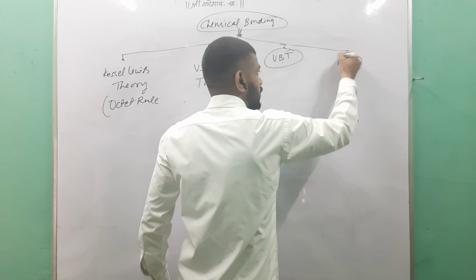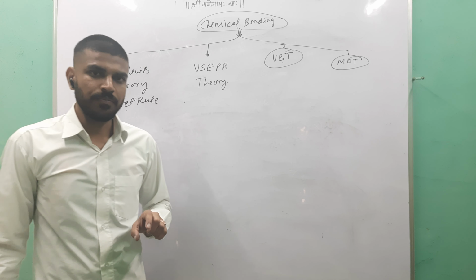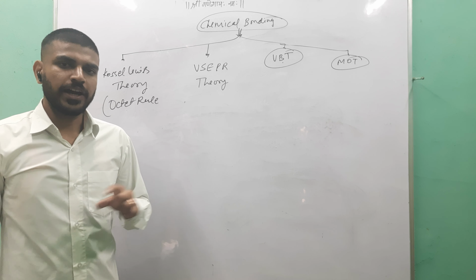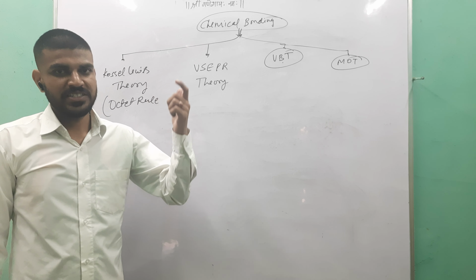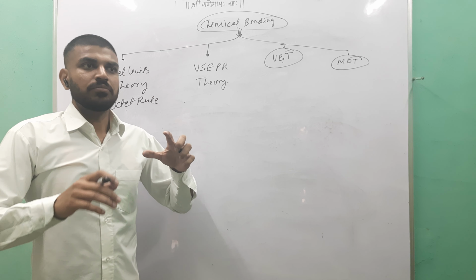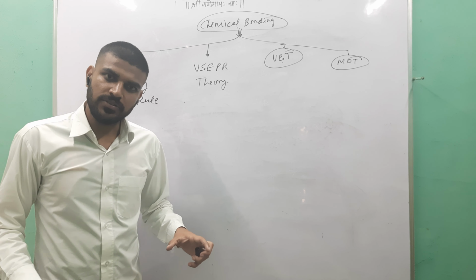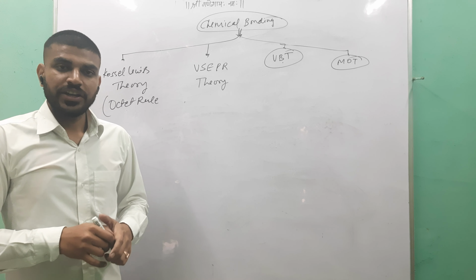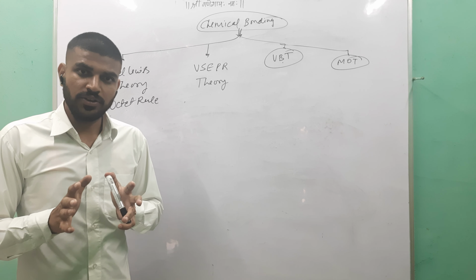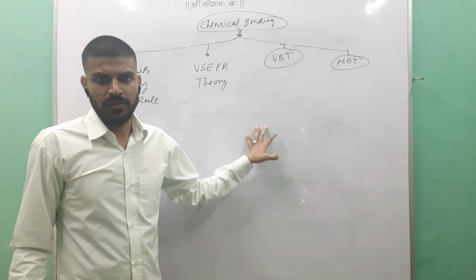MOT, molecular orbital theory. This is the most advanced theory right now, and in all academics up to PG, up to PhD, the structures, the reactions, the transfer of electrons, how reactions proceed, everything is based on MOT right now.